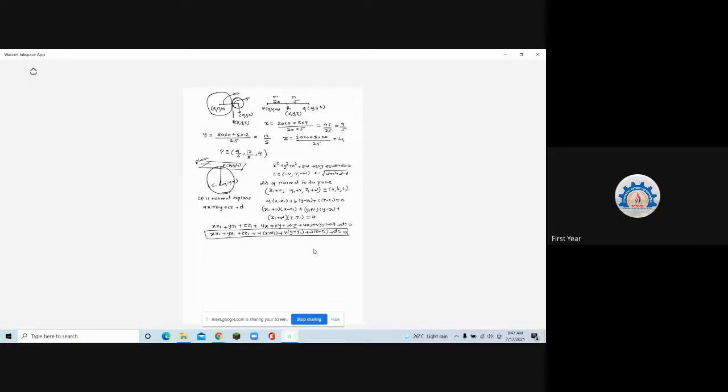Find the equation of the tangent plane to the sphere x square plus y square plus z square minus 4x plus 2y is equal to 4, touching at the point 4 comma minus 2 comma 2.